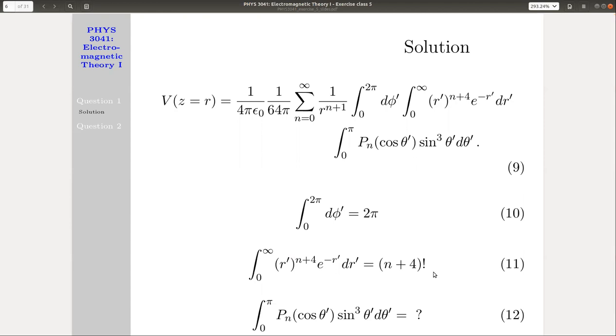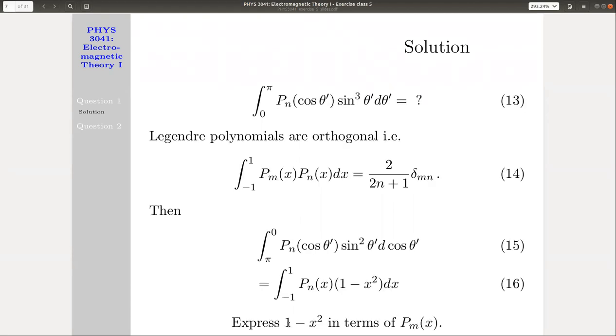And then the last integral is the one where we have the Legendre polynomial. So the question is, how do we evaluate this integral when the n here can go from 0 to infinity? I have provided a hint in the question.